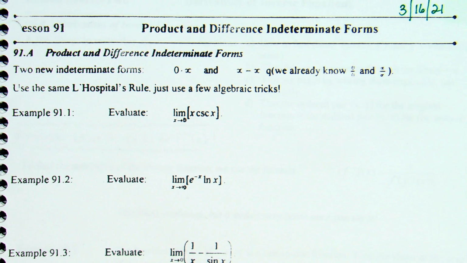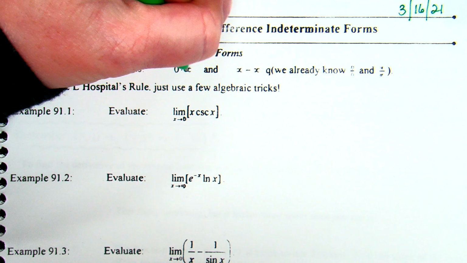The indeterminate forms we learned in the past were if it was 0 over 0 or infinity over infinity. And then we take the derivative of both, reapply limits until we can get something to work. The indeterminate forms we're looking at today are, what if you have 0 times infinity, or what if you have infinity minus infinity?